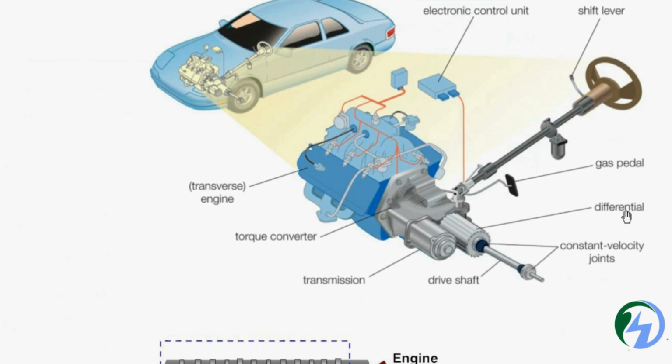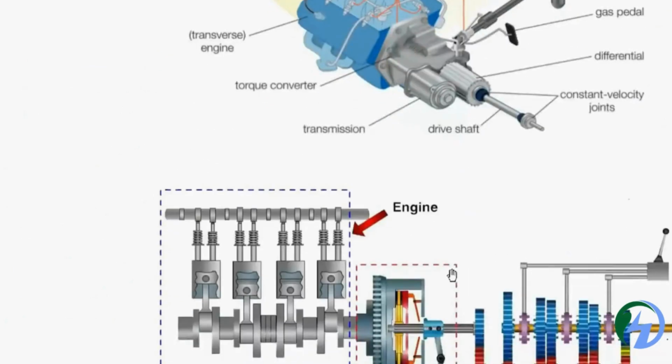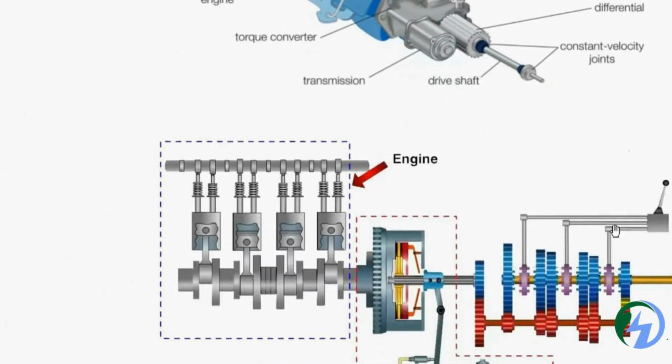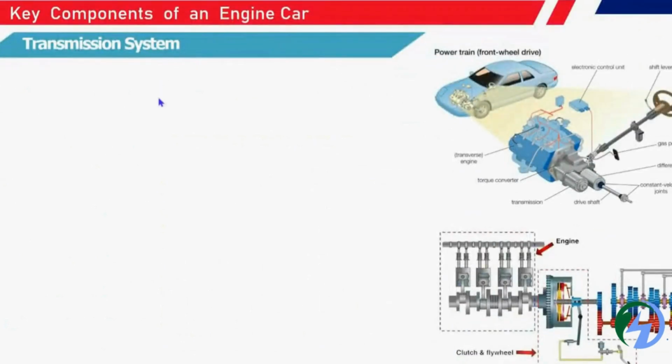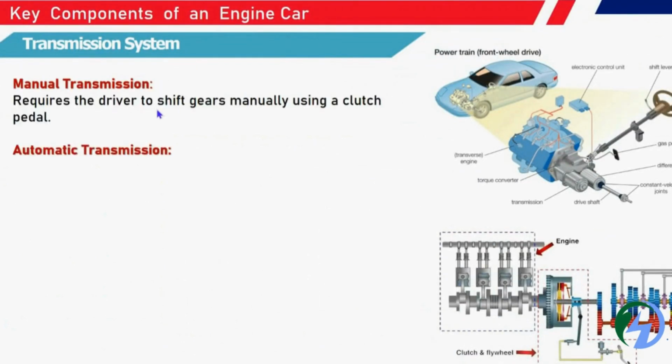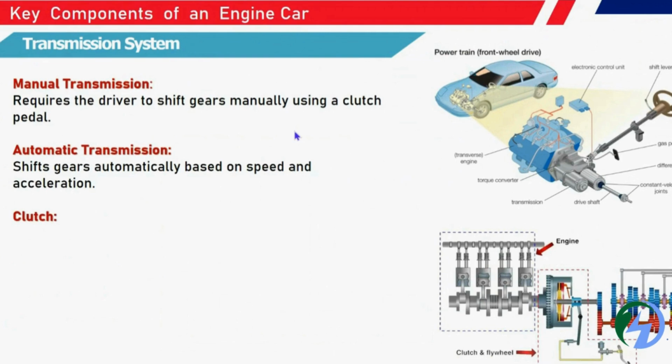With a manual transmission, the driver can shift the gear manually with the help of clutch control. With an automatic transmission, the gear changes automatically based upon the speed and acceleration.